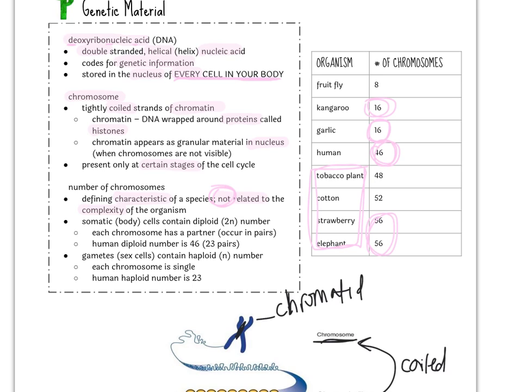Okay, so moving on here. There are different types of chromosomes. And there are the chromosomes that are found in the somatic or body cells. And they contain a diploid number.